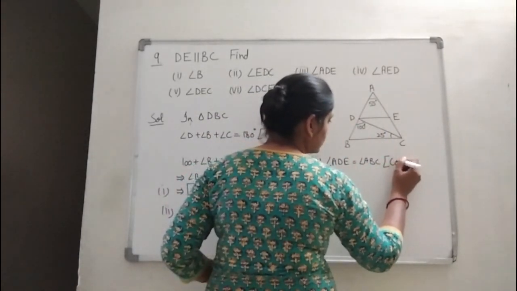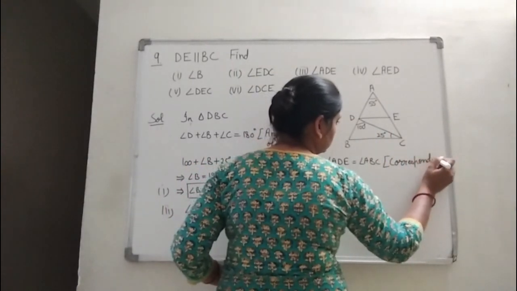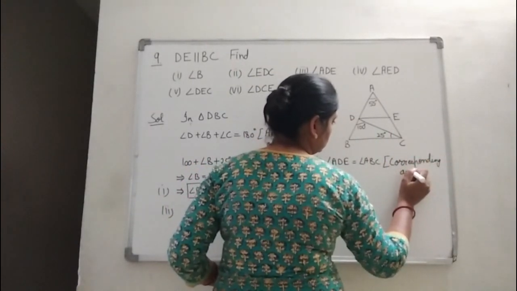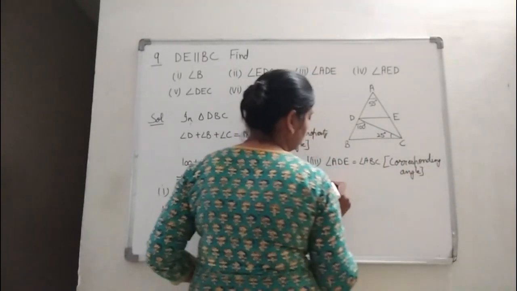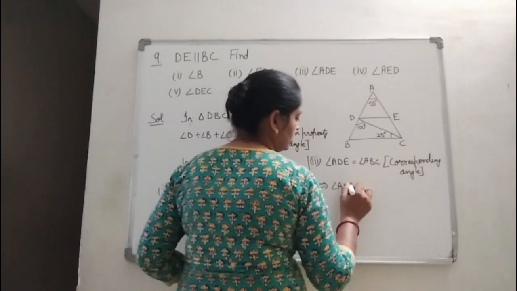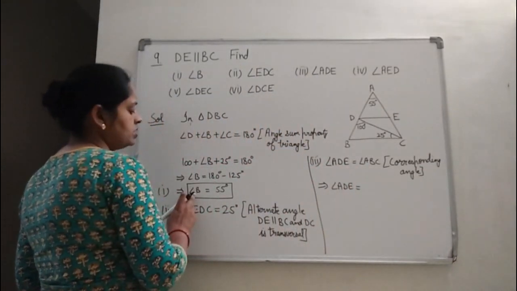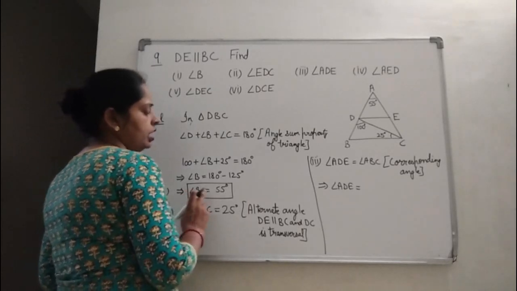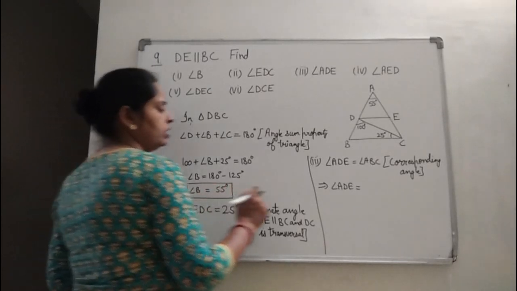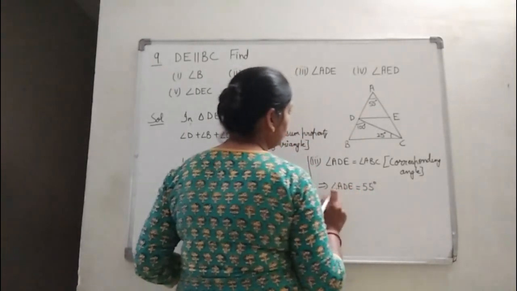What is the reason? Corresponding angles. Hence angle ADE is equal to ABC. How much? We have calculated angle ABC, that is angle B only, as 55 degrees. So ADE will be equal to 55 degrees only. Third part we have done.